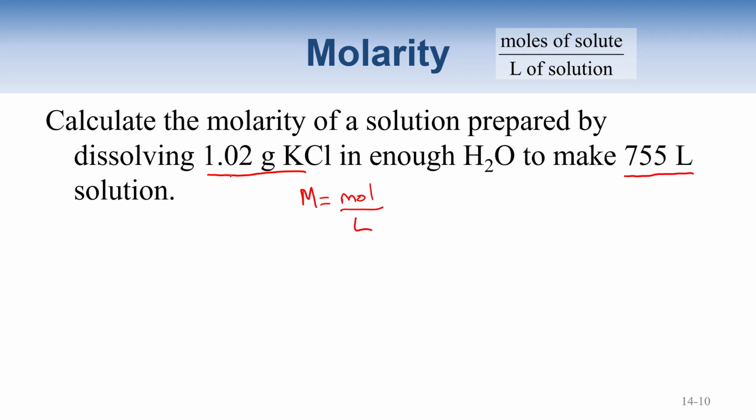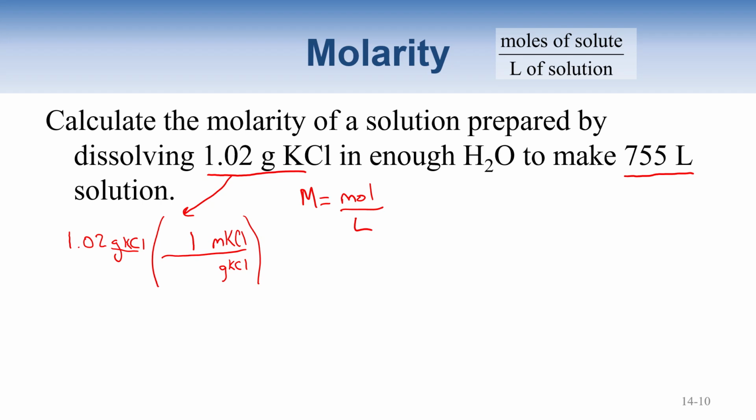So when we do this conversion, 1.02 grams KCl. Grams of KCl is on the top, so we're going to put grams of KCl on the bottom. And we're going to do moles of KCl. Now 1 mole of anything, we can figure out the mass for by calculating the mass from the periodic table.